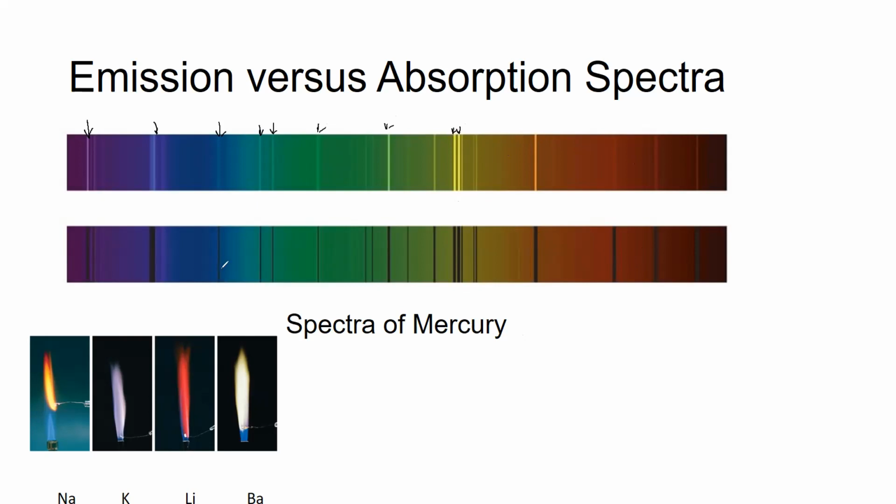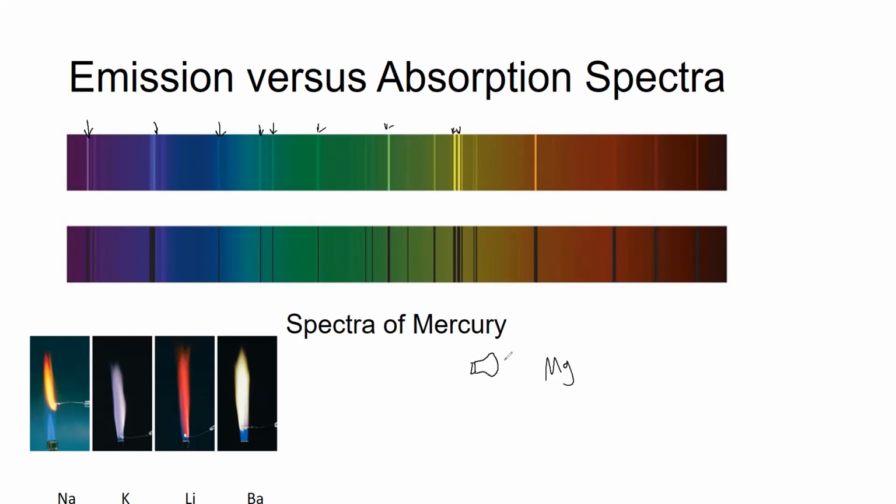And if you take that same mercury and, instead of exciting it, you shoot white light at it. Let's say you have your sample of mercury here and you have a light bulb.